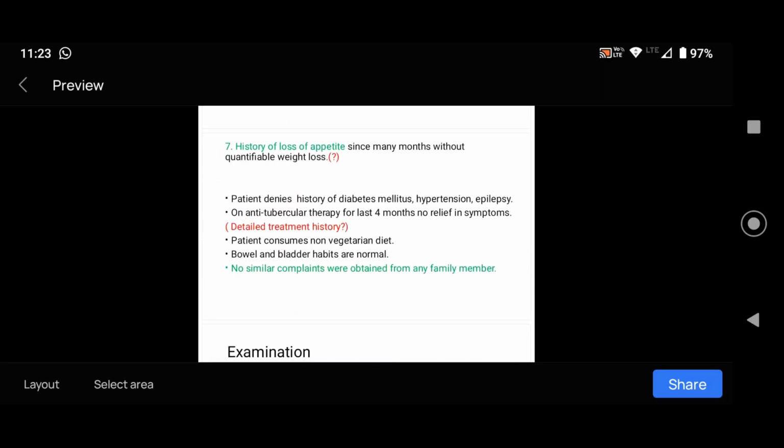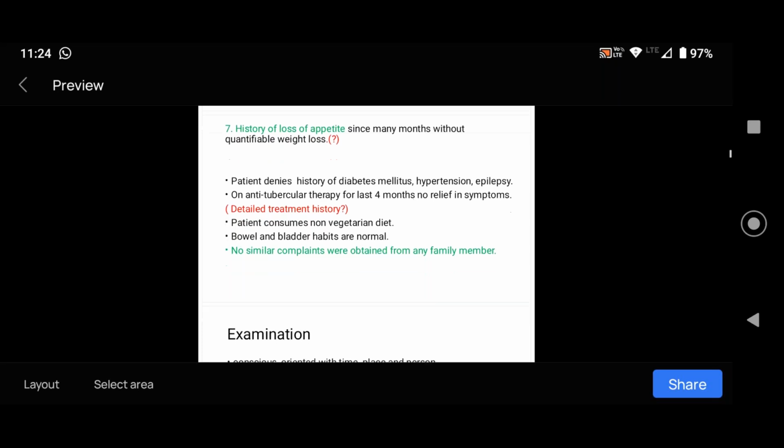Ma'am, history of loss of appetite is there without quantifiable weight loss. It says since many months, so loss of appetite is there, but there's no quantifiable weight loss. So is it a common thing to occur?